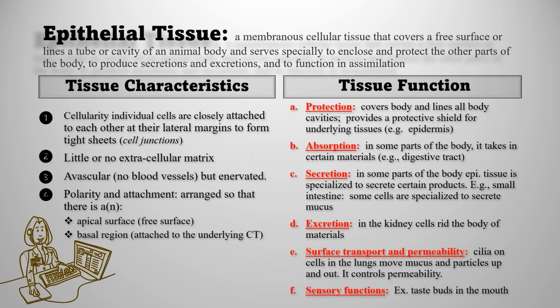It is avascular, that means there are no blood vessels in this tissue, but it is innervated. That means this tissue can sense. It has polarity and attachment. So it's arranged so that there is an apical surface layer or free space, and also a basal region that is attached to the underlying connective tissue.